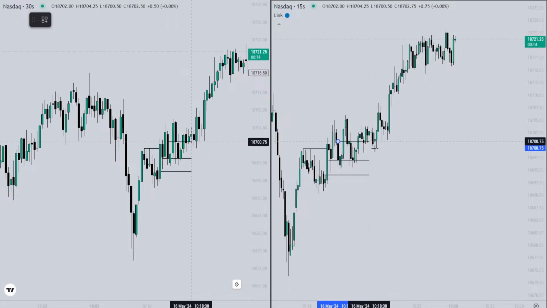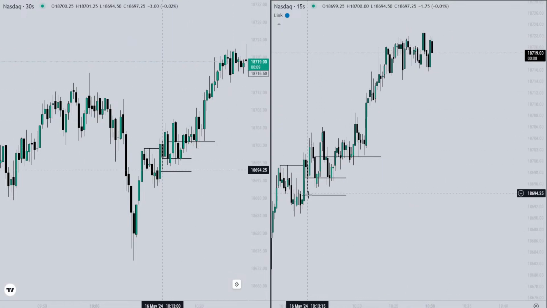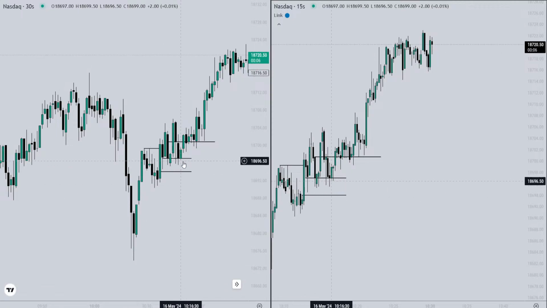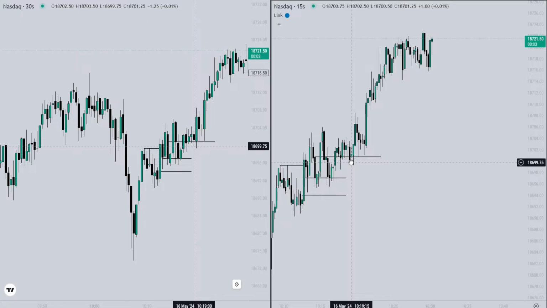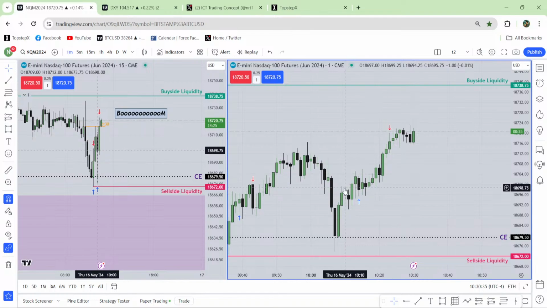I will just go with this candle. Order block, this is the order block, market went higher. Here this fair value gap, I just didn't believe that fair value gap. Instead of that, I depend on that order block. So here, this is that market structure shift. Over here, this fair value gap I didn't believe. Instead, I just believe that order block from the 1 minute chart. So either way, this order block entry and over there the fair value gap entry are the same. In the 15 seconds chart, the fair value gap entry and over here the order block entry are the same.